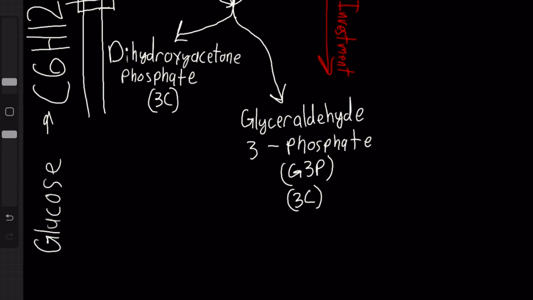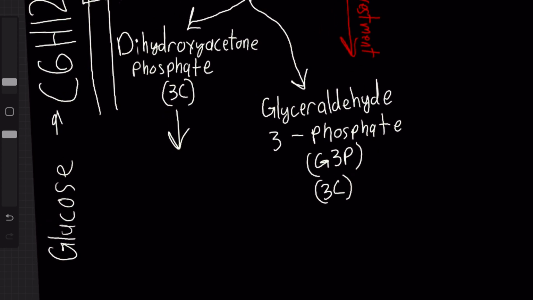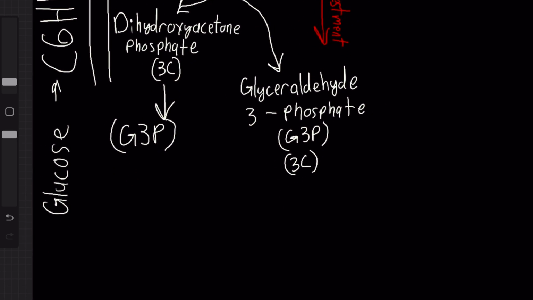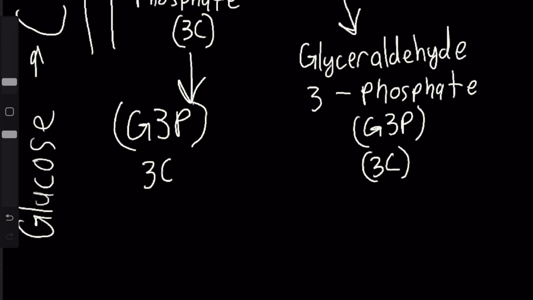Now we want to bring down this one, and this also equals G3P. So just think of dihydroxyacetone phosphate as an extra step for one side, but we're also going to have G3P on this side, another G3P, which is also another 3 carbon.